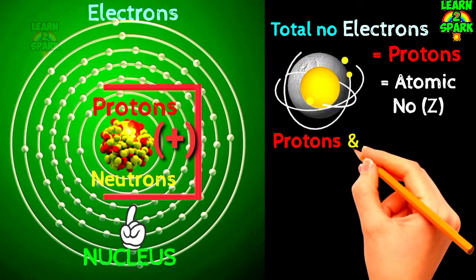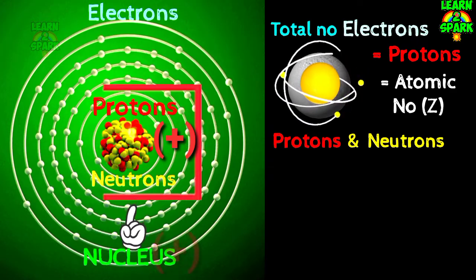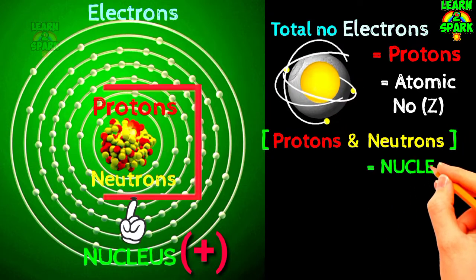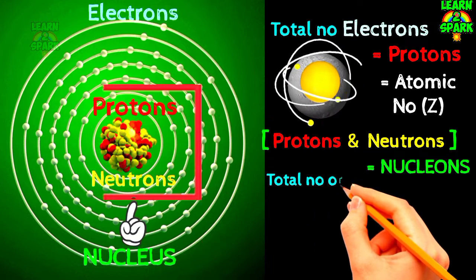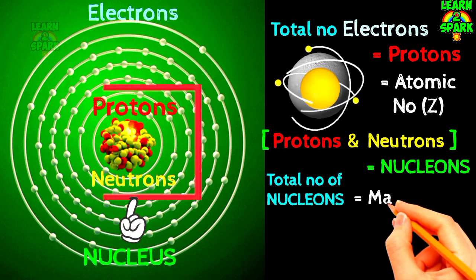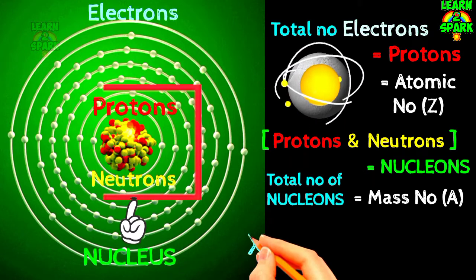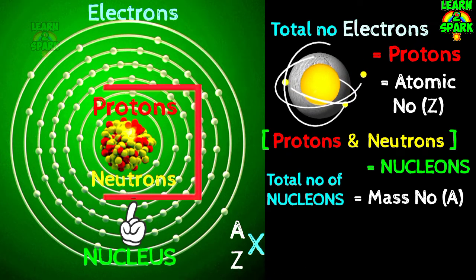As the positive protons and neutral neutrons form the nucleus, it is also positively charged. Protons and neutrons are together called nucleons, and the total number of nucleons is called mass number, denoted by A. Atoms are symbolized by X superscript A subscript Z.